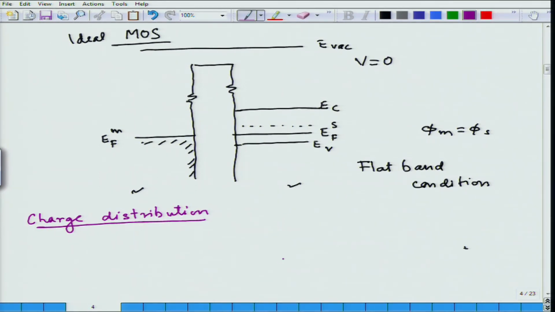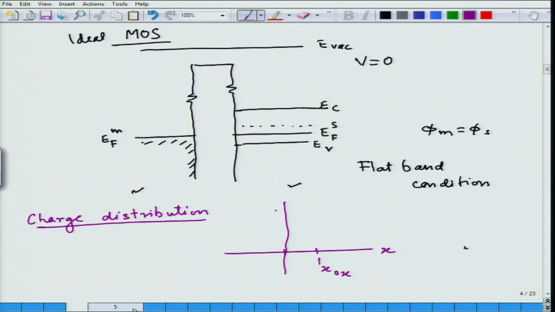In the x axis, this is my oxide, this is the oxide thickness x ox, but there is no charge either on the metal or the semiconductor. So, there is no charge when we have the ideal MOS capacitor.